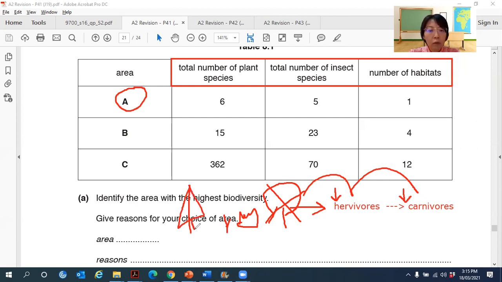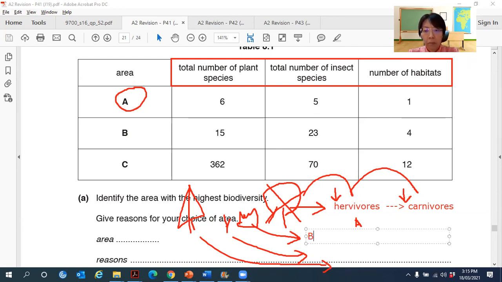So this will be able to feed other types of herbivores. So let's say, for example, this is herbivore A, right? And then I may have got herbivore B that feeds on this plant, herbivore C that feeds on this plant, and herbivore D that feeds on this plant.